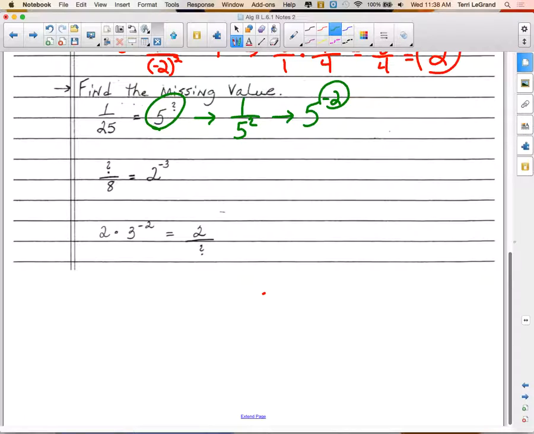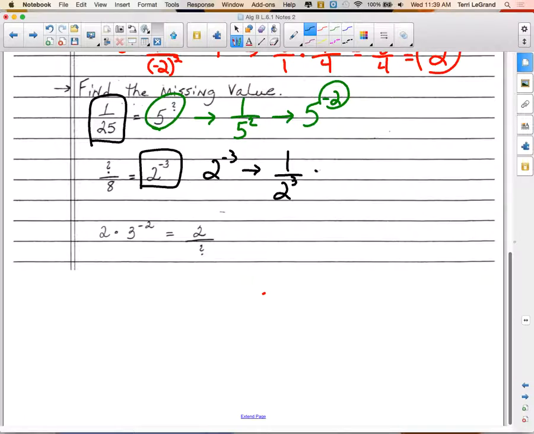Okay, how about that next one? Question mark over 8 equals 2 to the -3 power. Look at what we did here. We worked with the piece that didn't have the question mark in it. We renamed that. So could we rename this? Yes. What could we rename? 2 to the -3 power is the same as 1 over 2 to the 3rd, 1 over positive 2 to the +3 power.